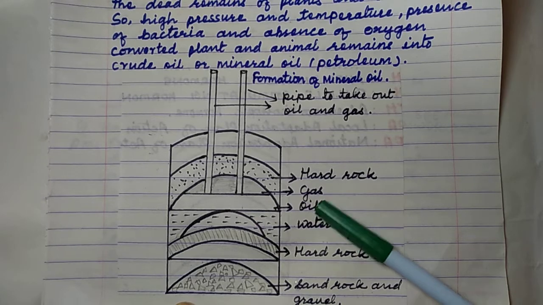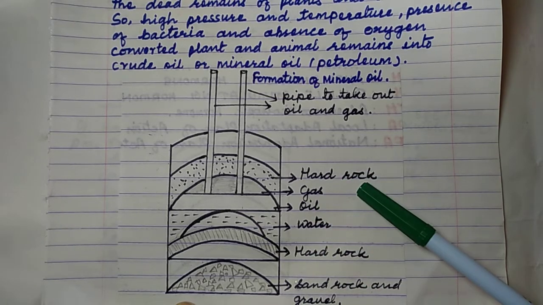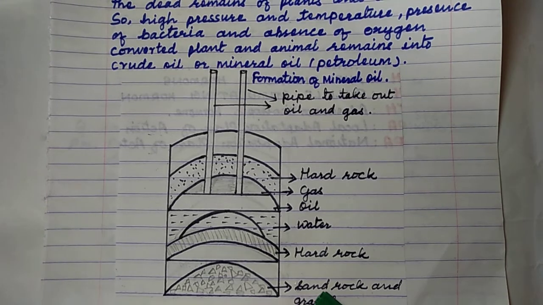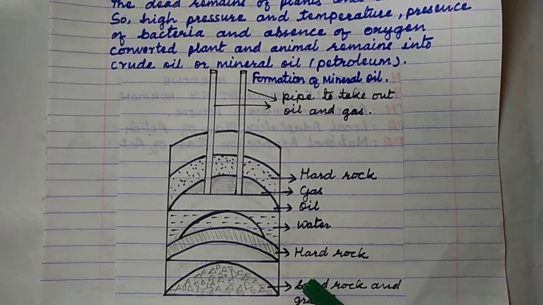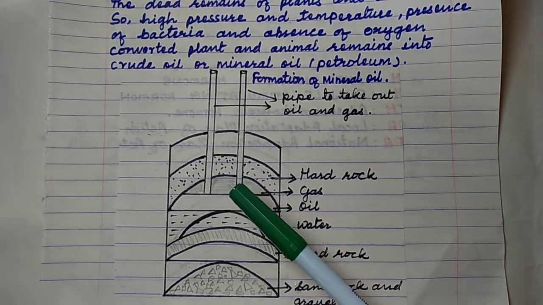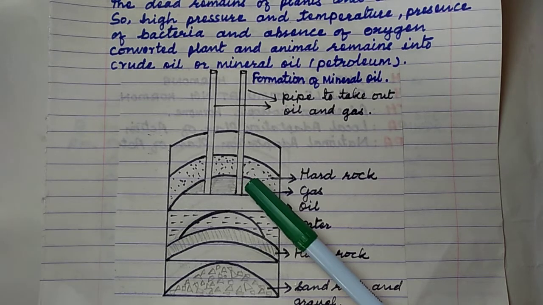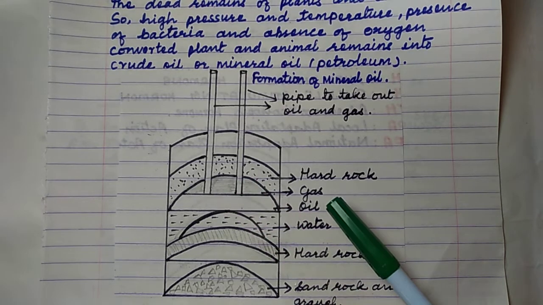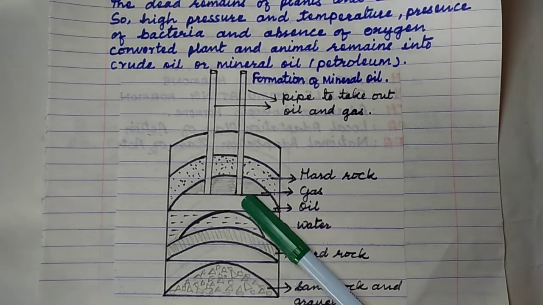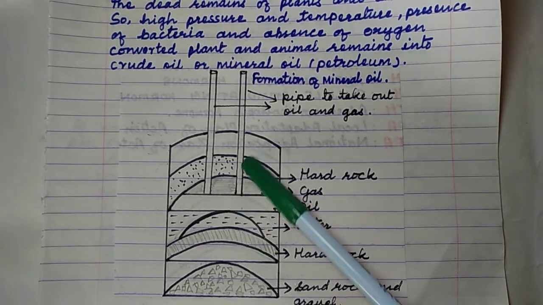Yes, so oil is in between two hard, impervious rock layers, and there is a rock layer at the bottom also. This is the parent rock, and these two pipes are to take out oil and the gas to the oil refinery, right? So how the gas and the oil are taken out from this mineral deposit is shown over here.